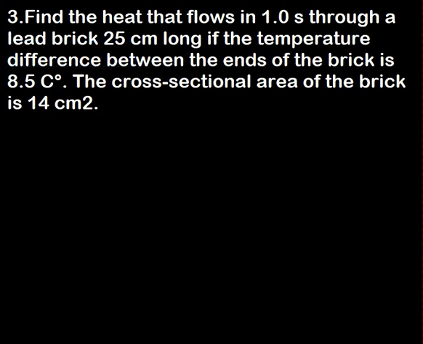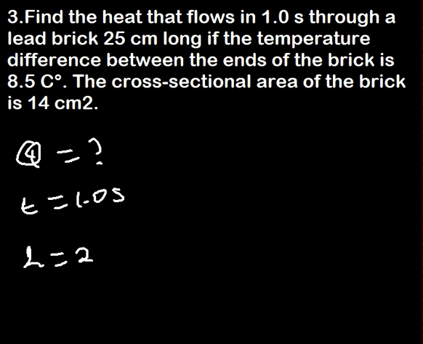And let's also appreciate this question and see how we can make it up. The question says, find the heat that flows in 1.0 second. So we are looking for the heat flow. We have the time, that is 1.0 second, through the lead brick, which is 25 centimeter long. That is the length, 25 centimeter.